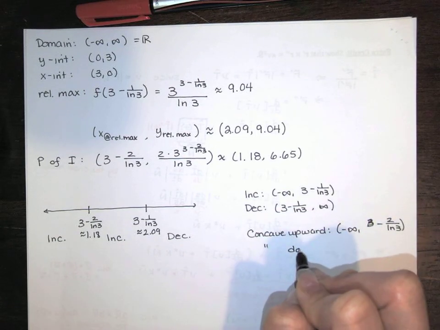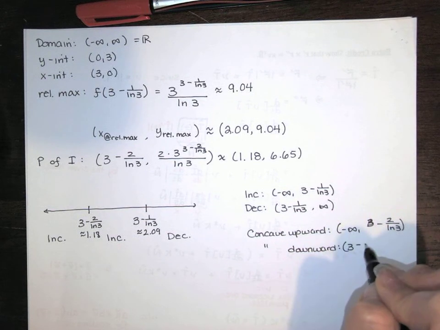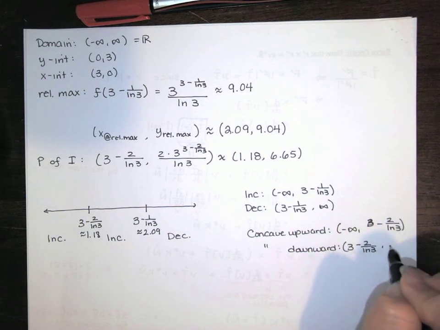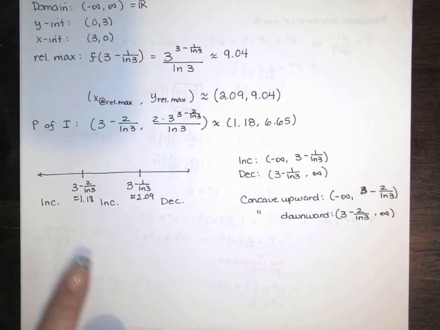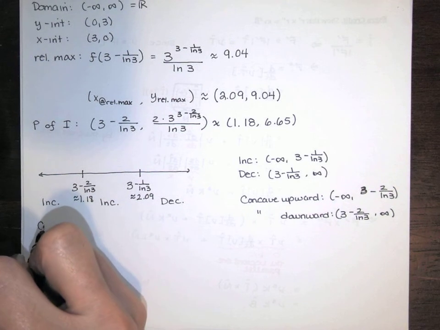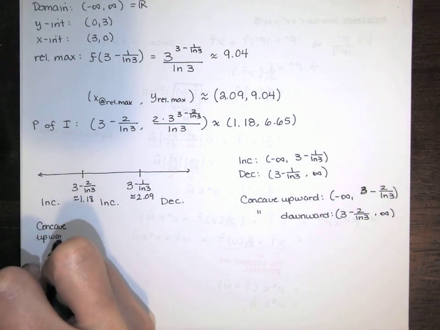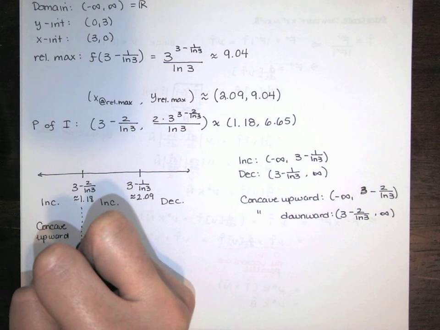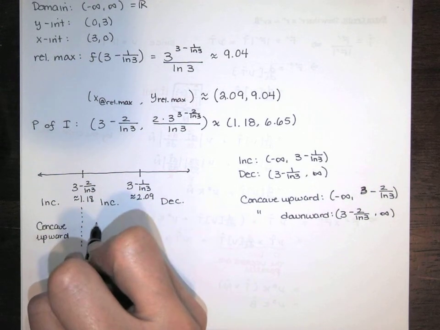And concave downward on this other interval, 3 minus 2 over natural log of 3 to infinity. So it's concave upward here, and then here it's concave downward for both of these intervals.